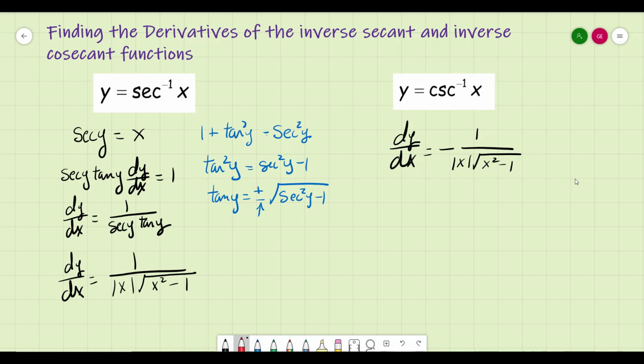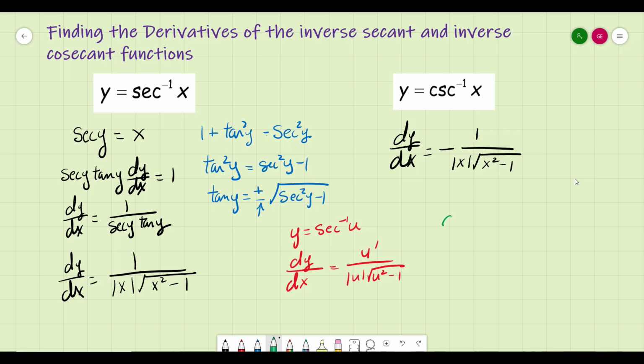So let me summarize that for us here again. If you have y equals the inverse secant of u, then your derivative would be u prime over the absolute value of u times the square root of u squared minus 1.